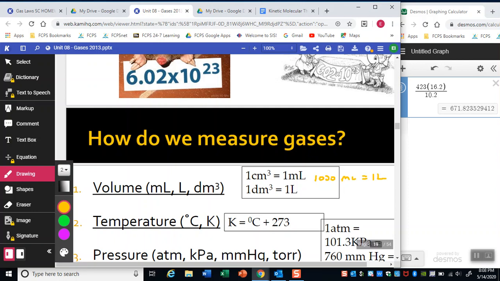And 1 cubic decimeter is 1 liter. So this has to do with this problem that we're doing right now. A cubic decimeter is a liter. So that's nice. I can just convert that to an L, and I'm good to go.